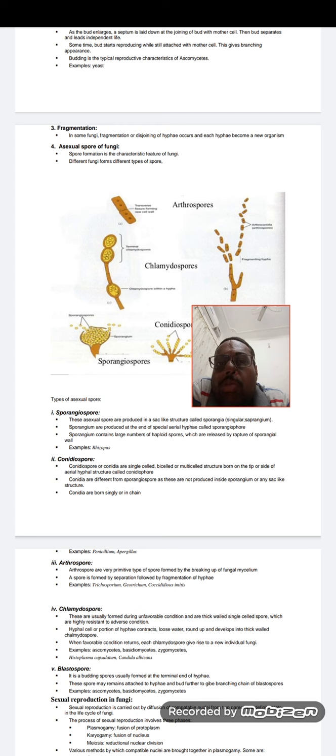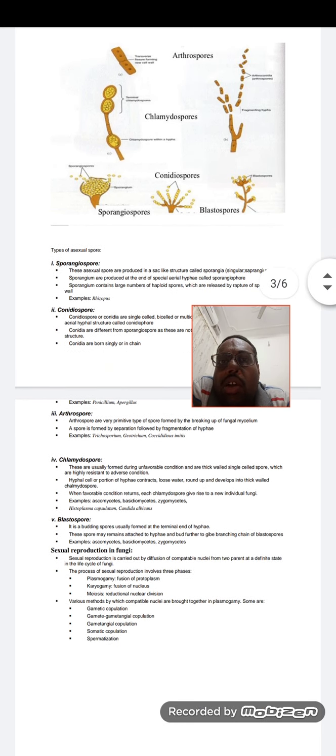It is an asexual spore produced in a sac-like structure called sporangia, and the sporangium is produced at the end of a special hyphae, that means at the tip of the hyphae. The sporangium contains a number of haploid spores which are released when the sporangial wall ruptures, and it is very common in Rhizopus.